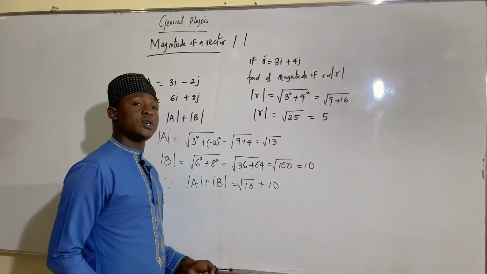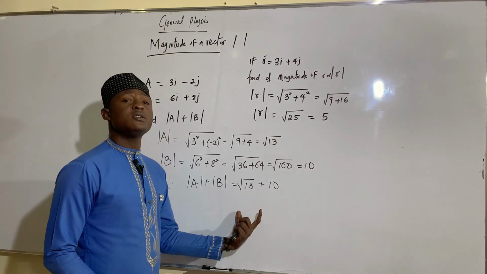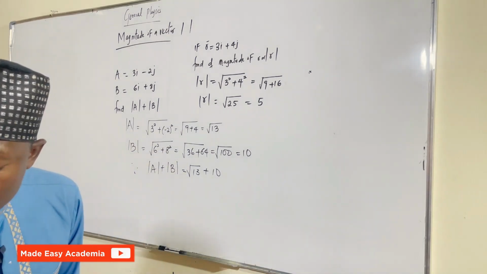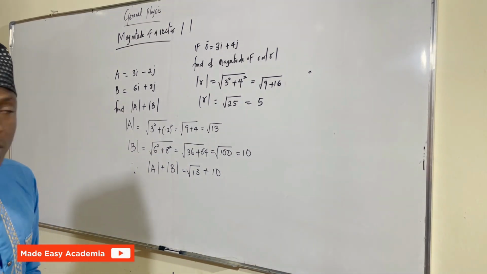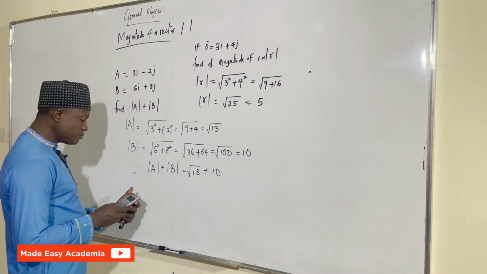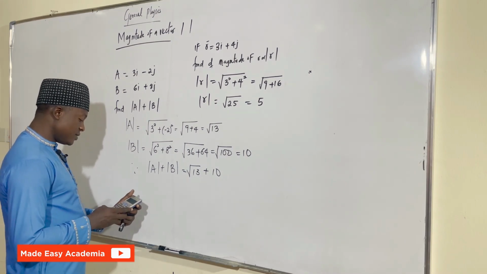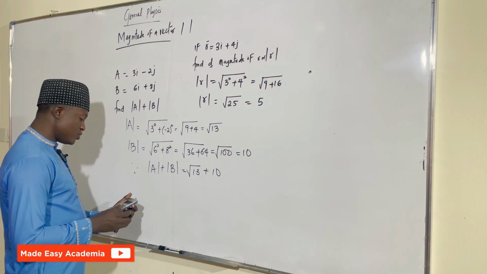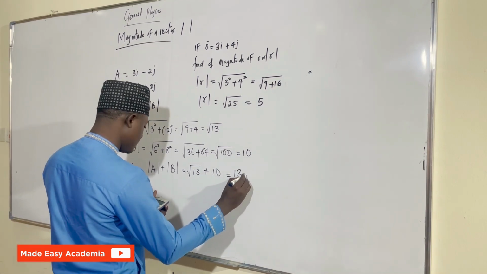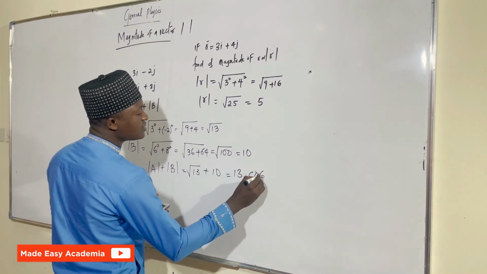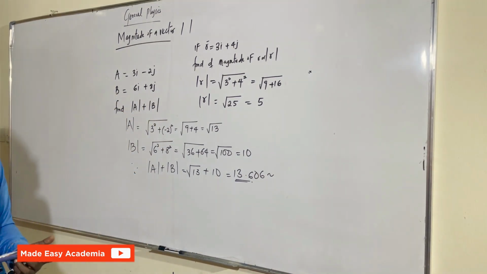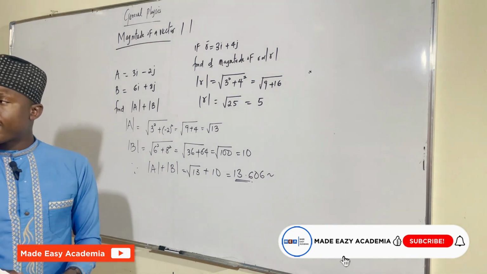We cannot add them together unless you want to leave your result in decimal form. If the question says not to leave it in root form, you can press the calculator: root of 13 plus 10. What I have in my calculator is 13.606, approximately. So it depends on how they want it. You can see how to find the magnitude of vectors is simple and straightforward.